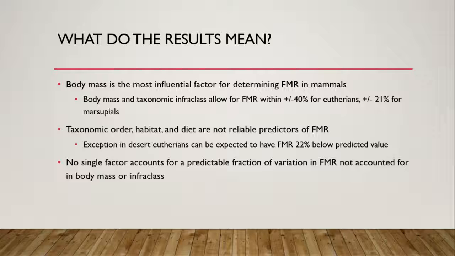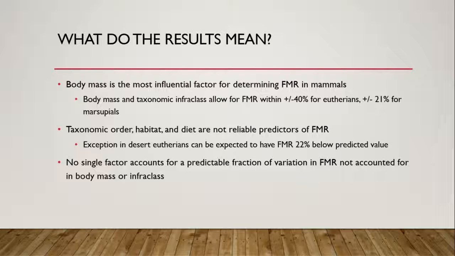However, other taxonomic values, such as class and order, as well as habitat and diet, are not considered reliable predictors of field metabolic rate. One exception to this rule is in desert eutherians, who can be expected to have an FMR 22% below the predicted value as a result of their habitat. That's the only instance in which habitat was a determining factor.